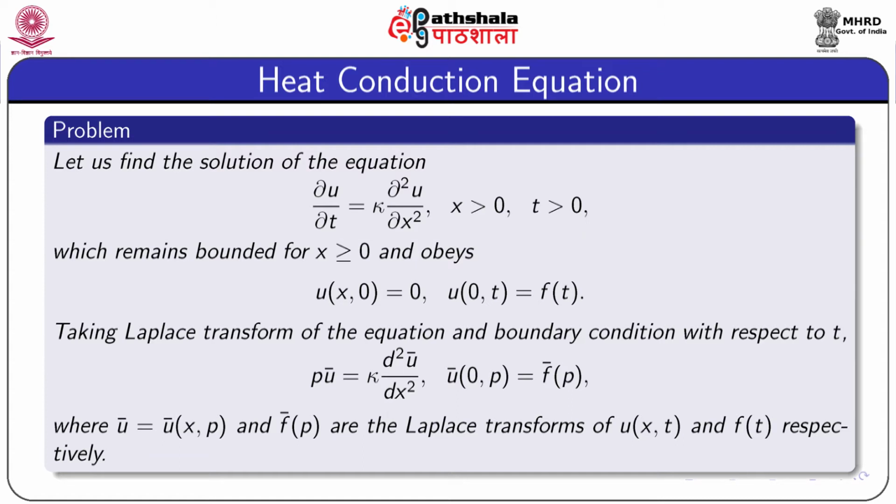And we are also looking for the solution which is bounded for x greater than or equal to 0, and the variable u satisfies the initial condition u(x,0) equals 0, and it satisfies the boundary condition u(0,t) equals some function of t, which is equal to f(t) here.